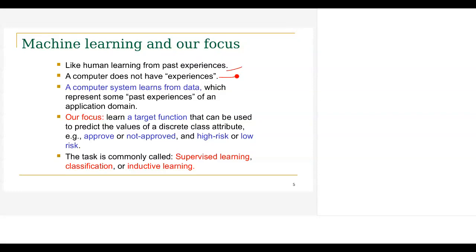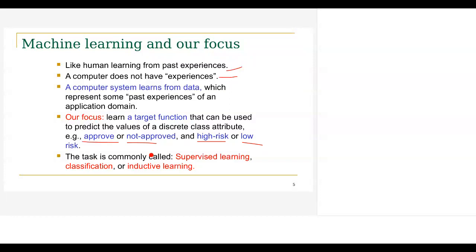Learn a target function that can be used to predict the values of a discrete class attribute. For example, approved and not approved in our previous credit card example, high risk and low risk in the patient example, whether to admit him or her to the ICU or not.